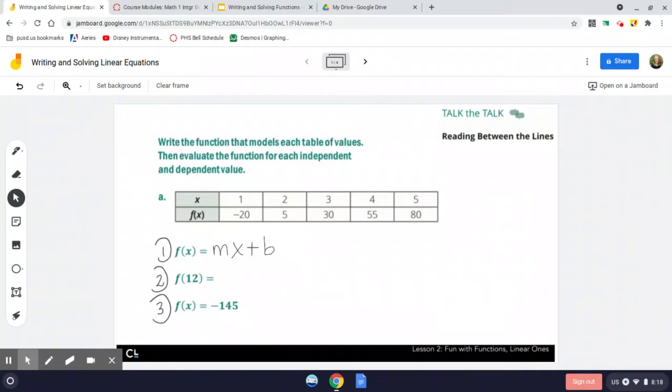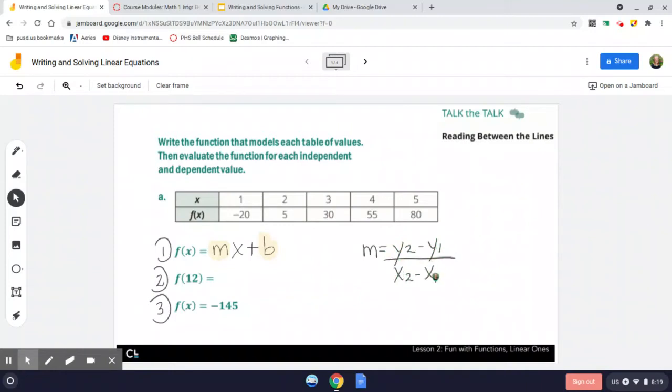So in order to write an equation, there's 2 things we need to know. We need to know the m, the slope, and we need to know the b, the y-intercept. Let's start with our slope. When we have a table, we can find the slope by using our formula.